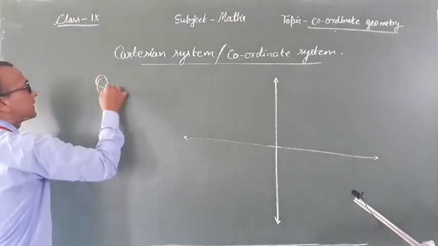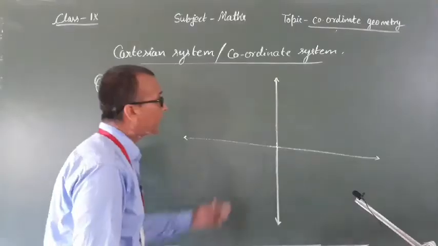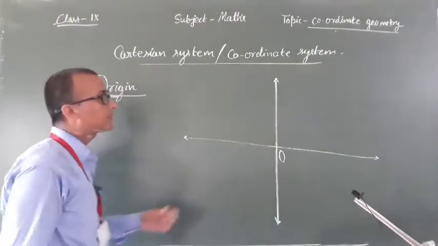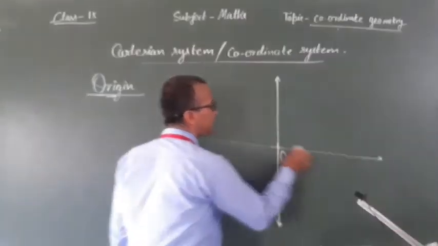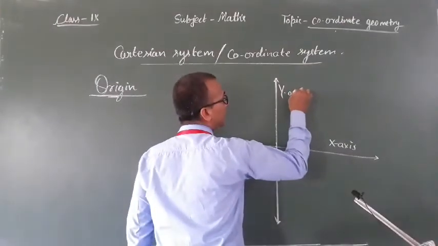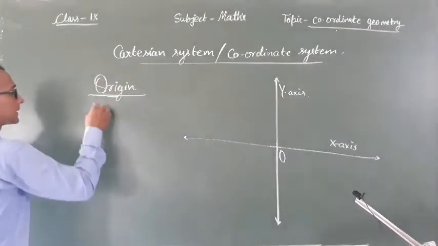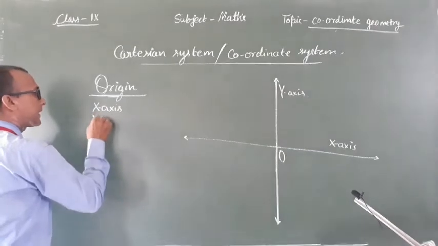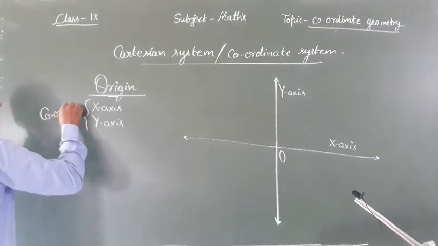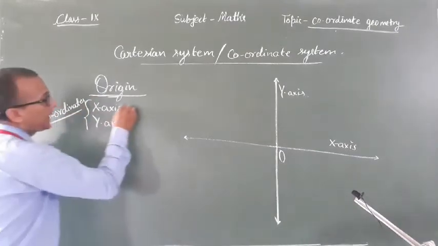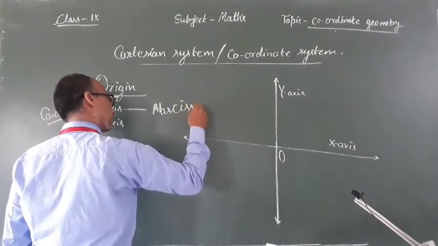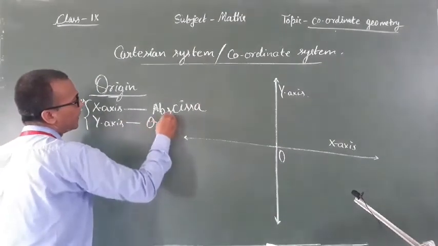The point of intersection is known as the origin, and the horizontal line is known as the x-axis, the vertical line is known as the y-axis. The x-axis and y-axis are coordinates, and the x-axis is also known as abscissa. The y-axis is known as ordinate.